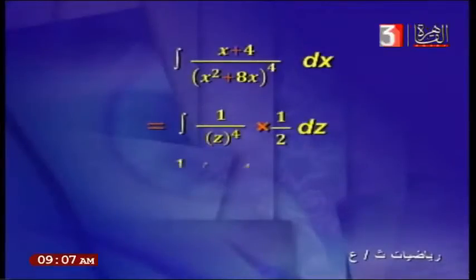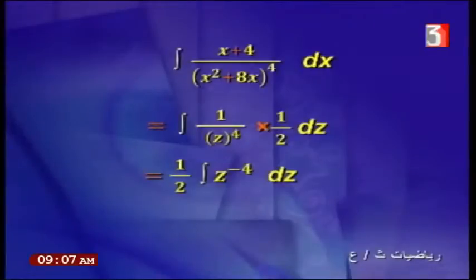Then the integration equals 1 over z to the power 4 multiplied by half dz, equals half, which is a constant, times the integration of z to the power negative 4. We know that 1 over z to the power 4 equals z to the power negative 4 dz. The integration is now in terms of z.